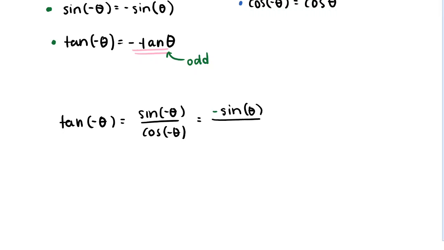And because cosine is an even function, we can forget about this negative factor here. And so this is really the same as cosine of theta in the denominator without that negative sign, because cosine is an even function. And so really this is my tangent function, but just with an extra negative sign here. And so this is the same as negative tangent of theta, as we wanted to show. So tangent of theta is an odd function.